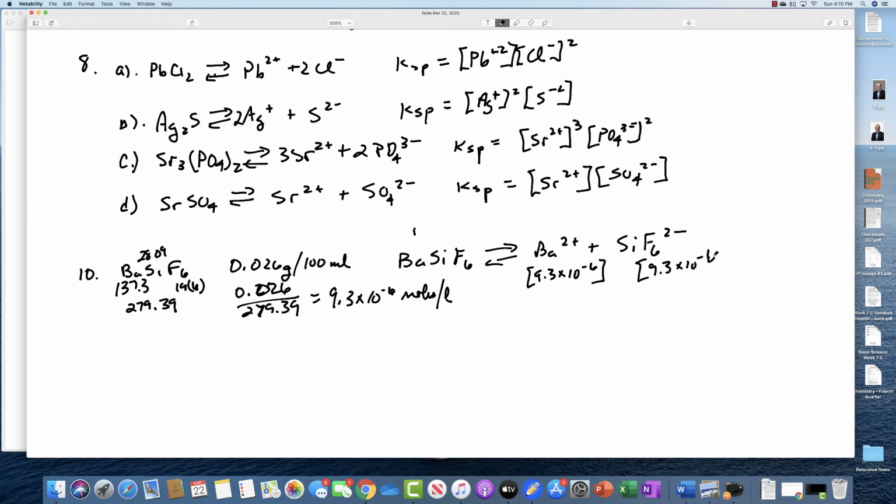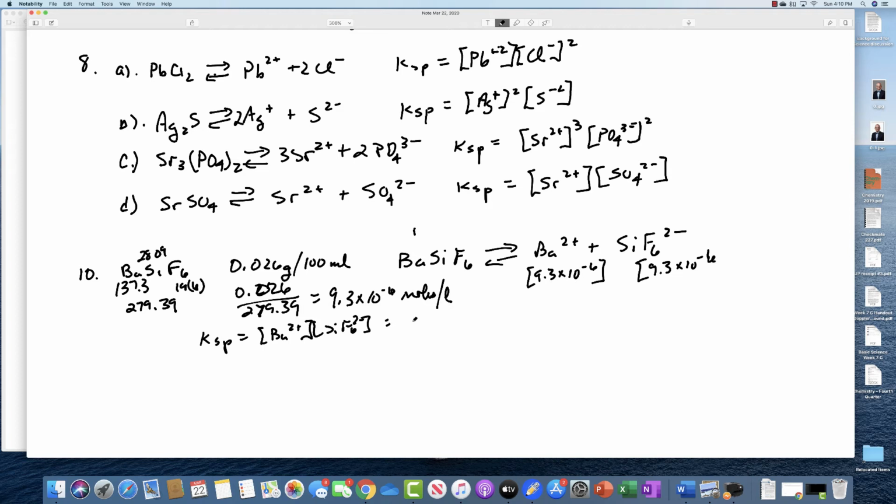So the KSP here would be Ba2+ times SiF6 2-.